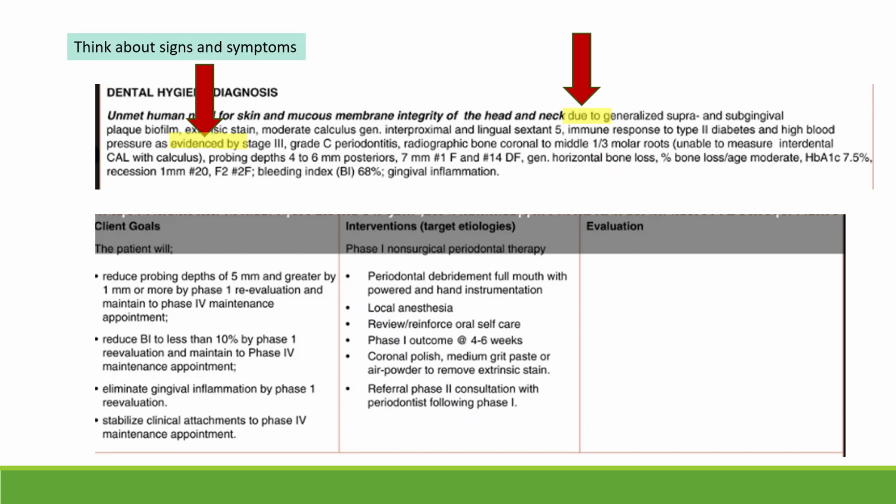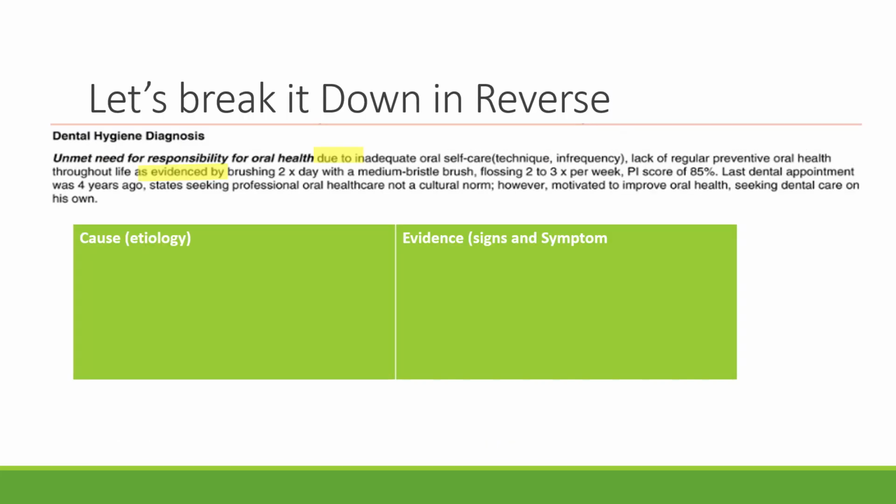So again, always think about the signs and symptoms that you're seeing throughout your assessment to help determine what interventions you're going to use to treat those human needs deficits. So let's break it down in reverse. We have a human need for responsibility for oral health, right? How do we know this?